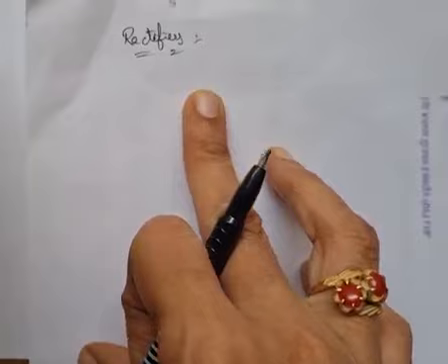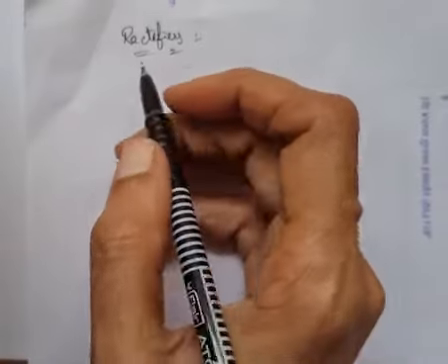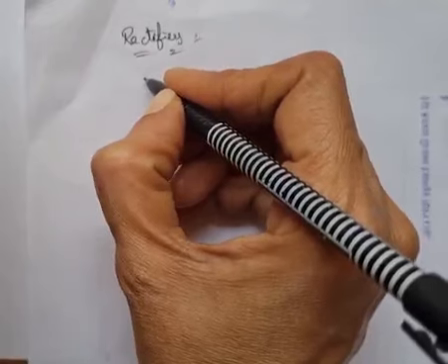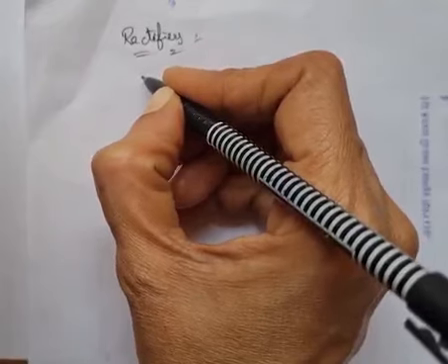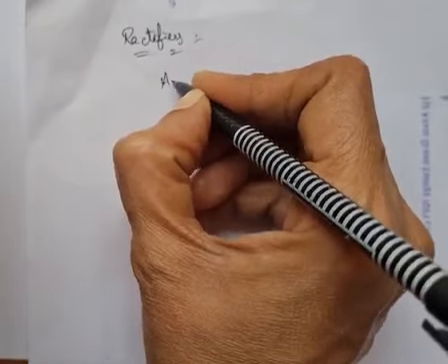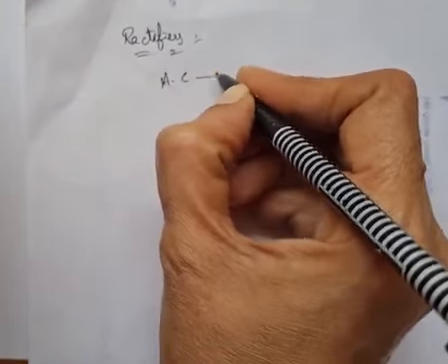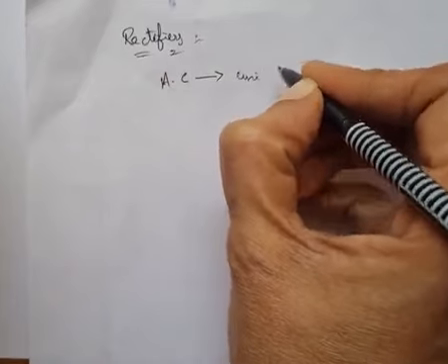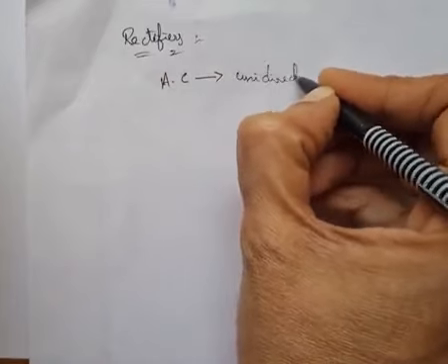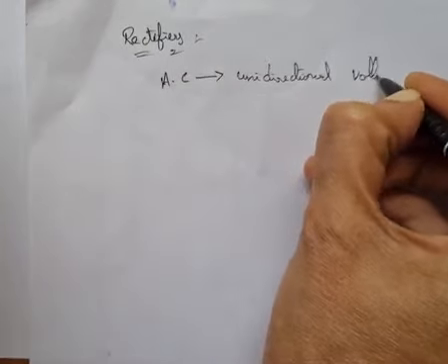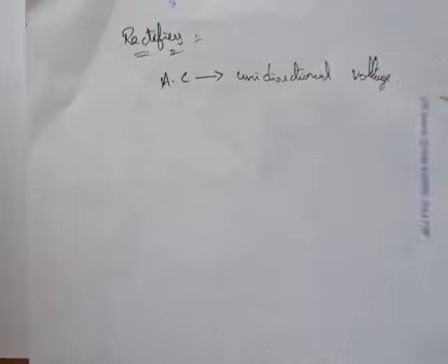Okay, now what is a rectifier? A rectifier is defined as an electronic device converting AC voltage into unidirectional voltage. So it converts AC voltage to unidirectional voltage.